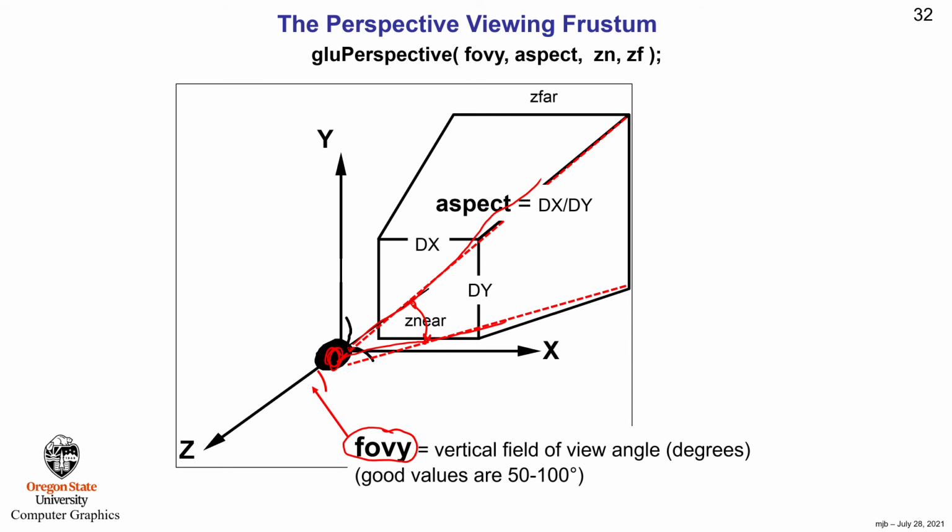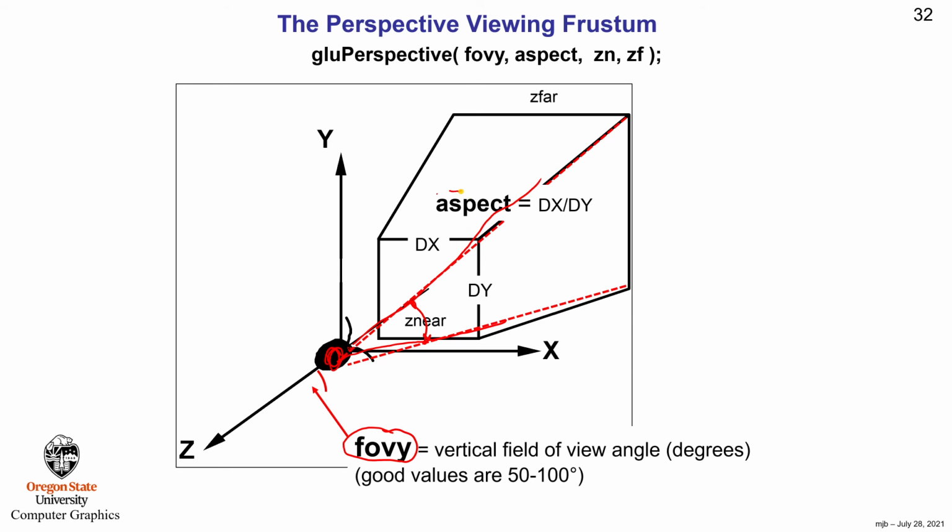Typically in computer graphics, you do 50 to 100. Big numbers like 150 give a really wide field of view, like a fisheye lens. Really tiny numbers like 20 are like a zoom lens. You're only seeing a little bit of the scene, but it's blown up. But that's the first argument.